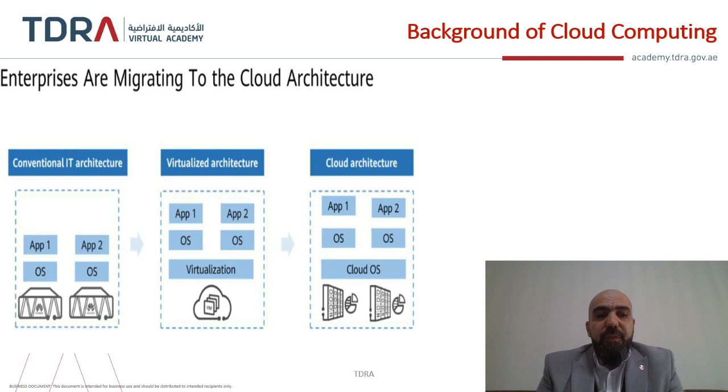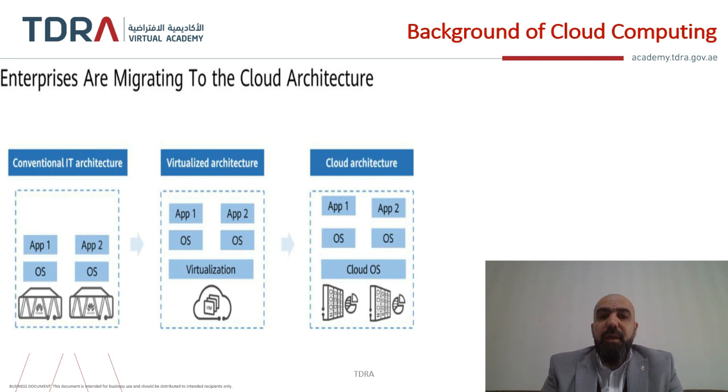Great. So for the conventional IT infrastructure, we have servers. On these servers we install an operating system, whether Windows, Linux, or any operating system, and on top of that the applications. But with the virtual architecture, it works with a virtualized layer called a hypervisor.